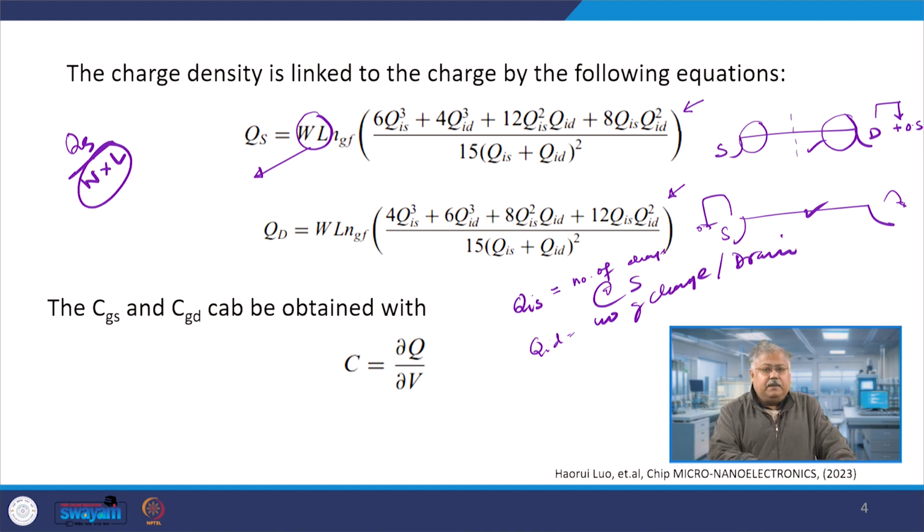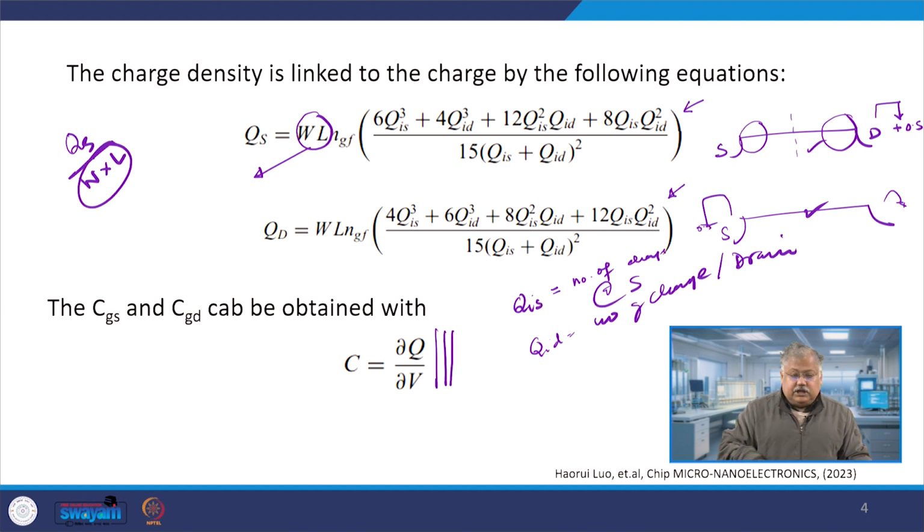Same thing happens in the HEMT, that they are not equal and therefore their charges are totally different from each other, the source side and the drain side per unit area. However, we also know that gate to source and gate to drain capacitances are given by dQ/dV, right, charge per unit voltage which you see.